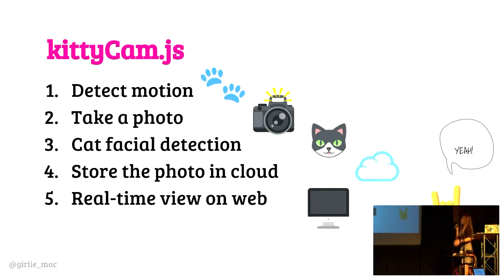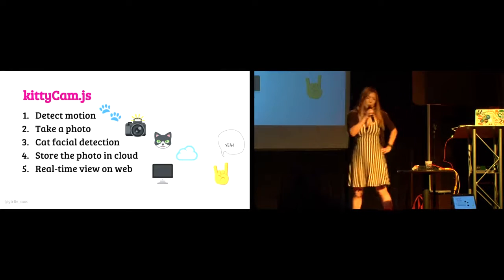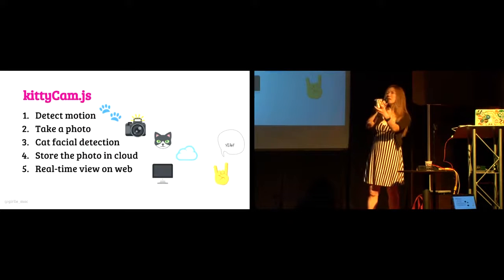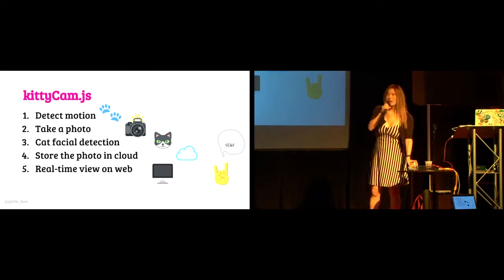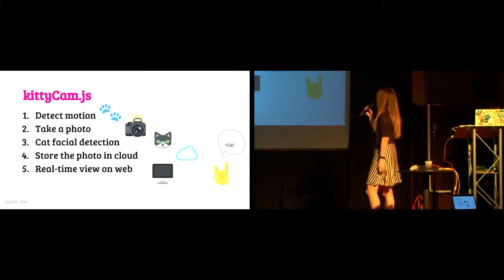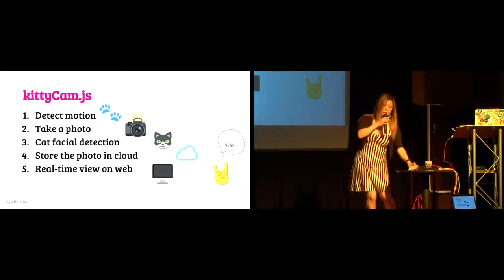So once I installed Node.js, I started coding KittyCam. This is how KittyCam.js works. First, it detects motion using this hardware here, this little dome, which is an infrared motion sensor. Once motion is detected, it takes a photo. Again, it has a camera module attached here.